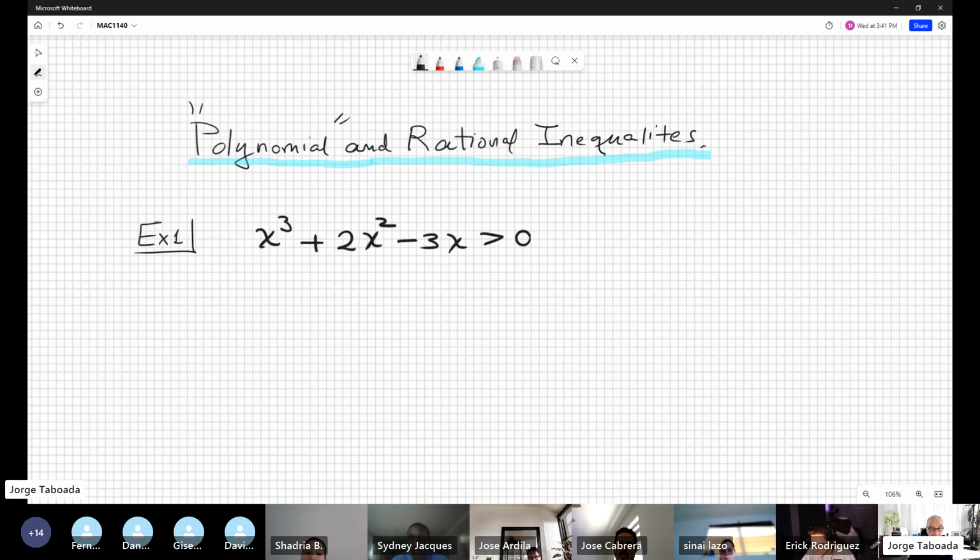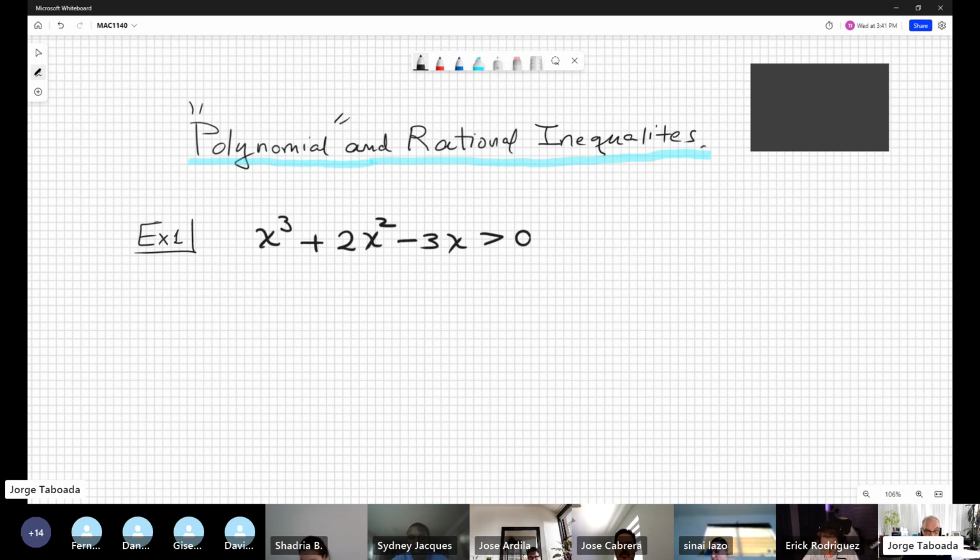Well, what is the procedure for solving this? You have the left-hand side, in this case a polynomial, and the right-hand side, in this case 0.